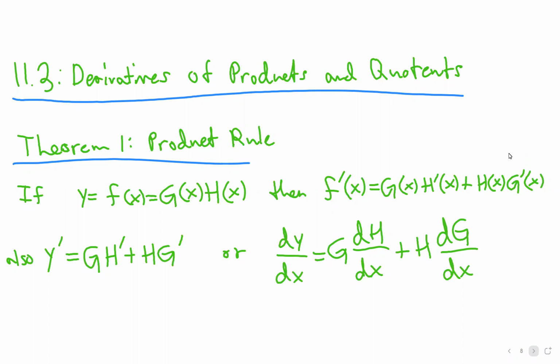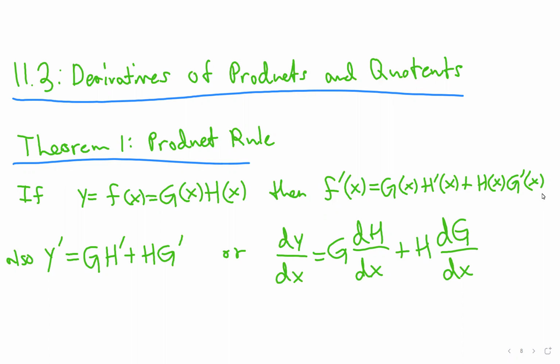And so if we have y equals f of x equals g of x times h of x, where g of x and h of x are two functions, then we would have f prime of x equaling g of x times h prime of x plus h of x times g prime of x.